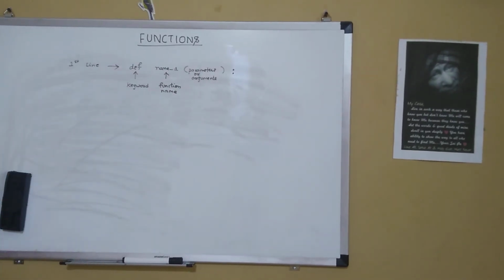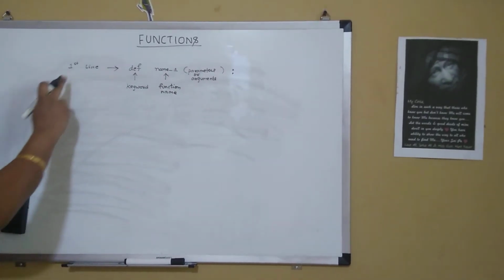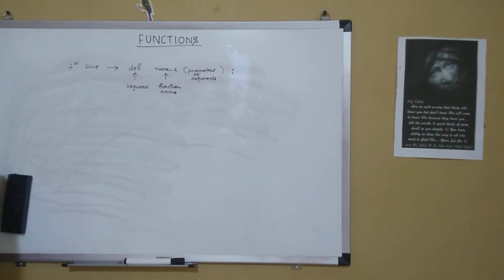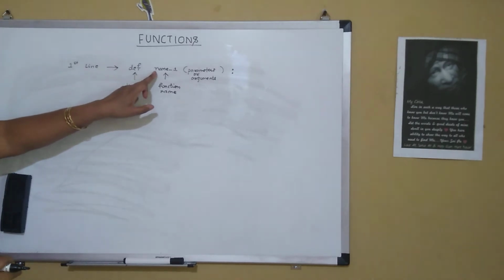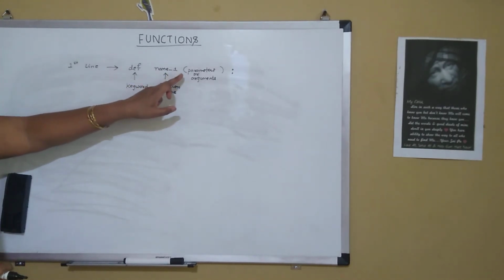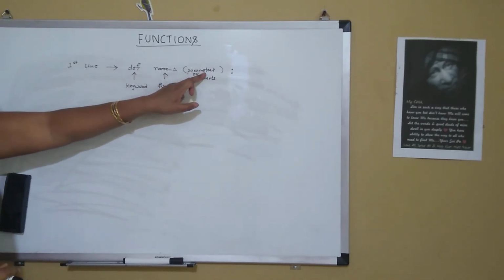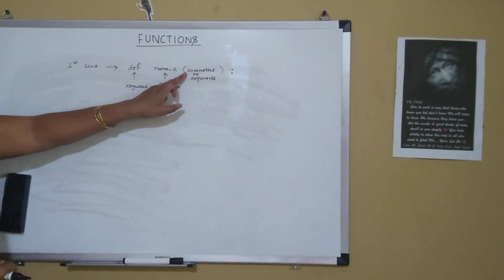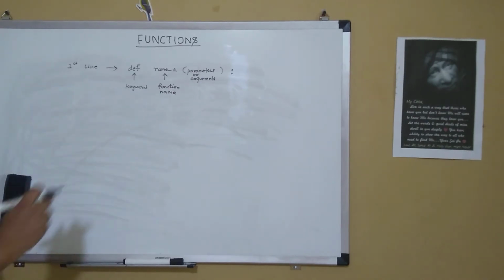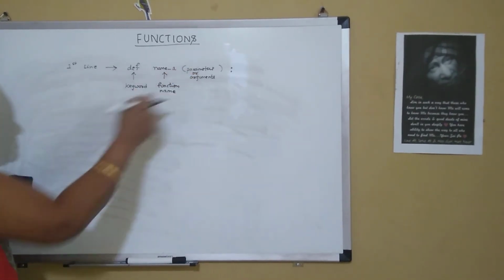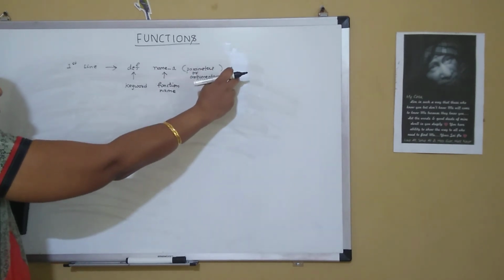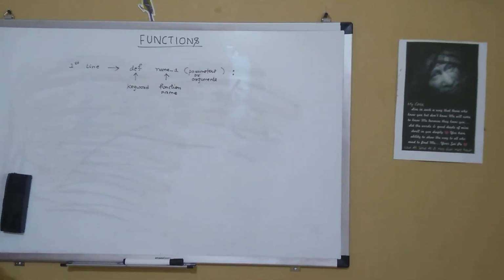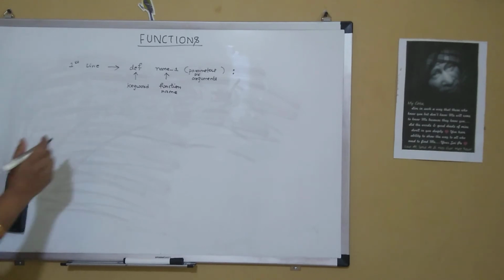So four things we have to remember in the first line, that is defining a function. It should start with a def keyword followed by the function name, then parentheses in which we can pass the inputs known as parameters or arguments, each of the inputs separated by commas. Close the parenthesis and it should end with a colon. So this is the first line.